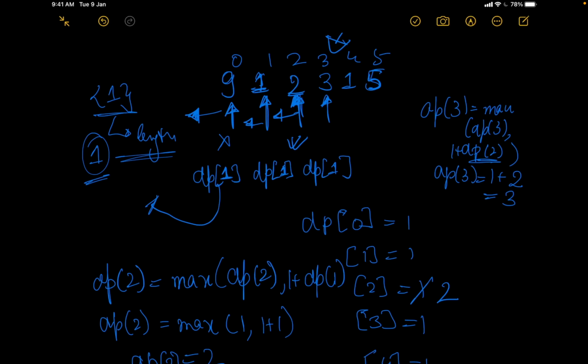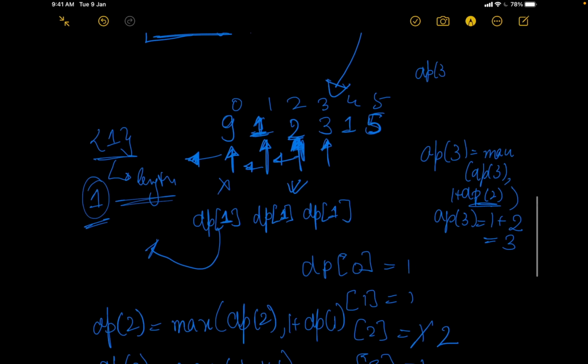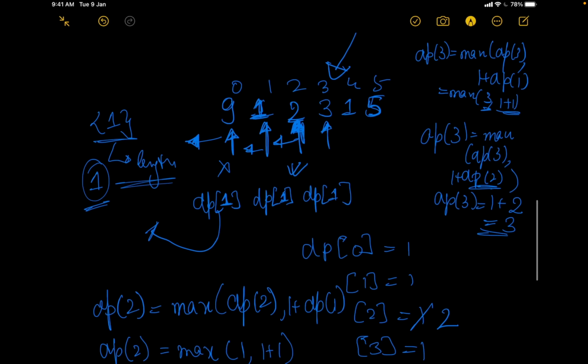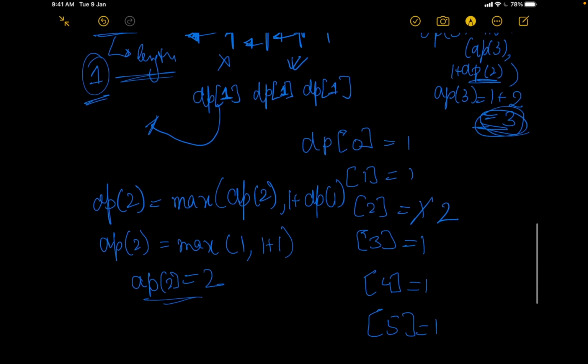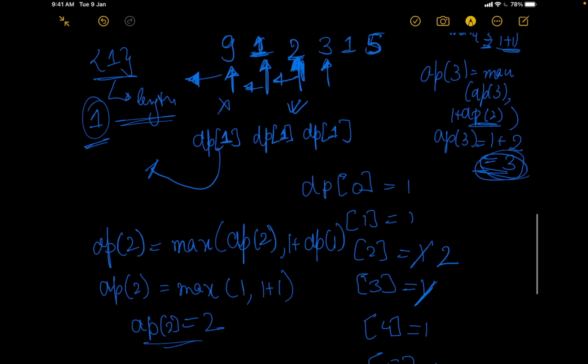Also dp3 would check the same condition for 1 as well. So dp3 would say dp3 is max of dp3 comma 1 plus dp1. However, we have already assigned 3 value to dp3, so it would say maximum of 3 comma 1 plus 1. So 3 is max, so it will keep its original value as 3. So now value of dp3 is also 3.